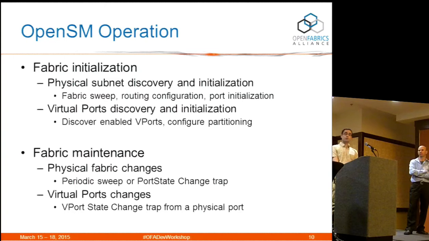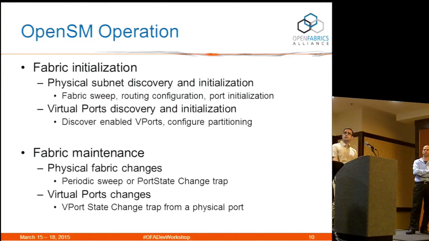OpenSM is a critical resource in the network, and now it needs to be extended to support virtualization. Actually, we want to minimize the risk of virtual port mechanisms interfering with current operation of the OpenSM, which is basically configuration of the entire subnet and keeping the subnet administration. Therefore, we think that we need to divide the initialization stage of the fabric into two phases.